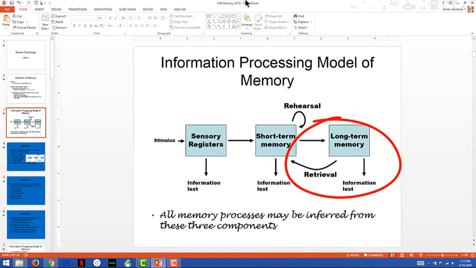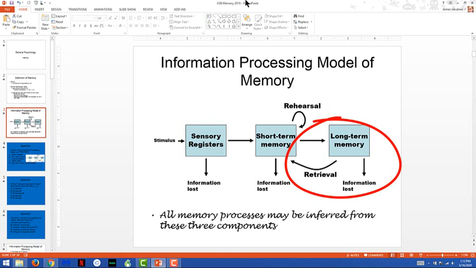After which, if it's held in short-term memory for a long enough period of time, it will then move on to long-term memory. And in long-term memory, it no longer has to be actively rehearsed. The memory is simply stored and retained over a lengthy period of time.